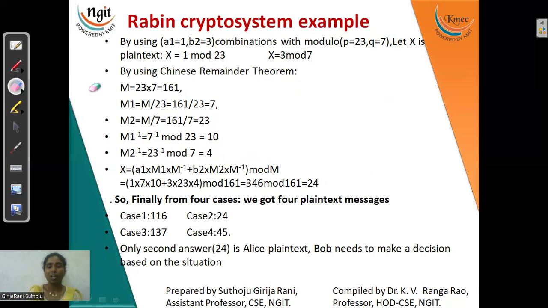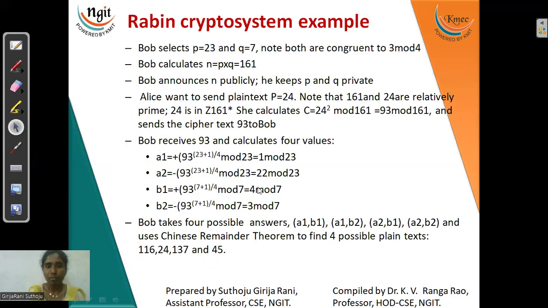After getting all these values, the Chinese remainder theorem is given with one formula directly. Let me go with the second choice as my input. See, here I have chosen the second choice.